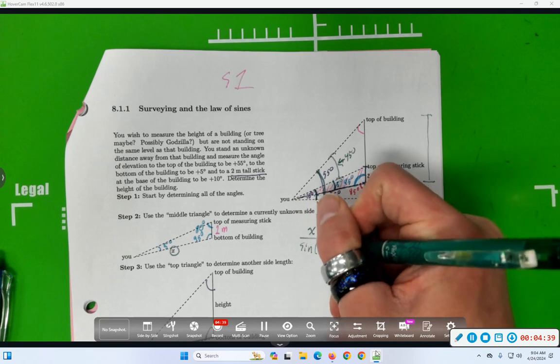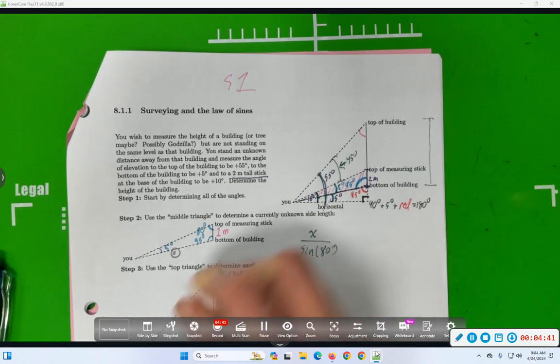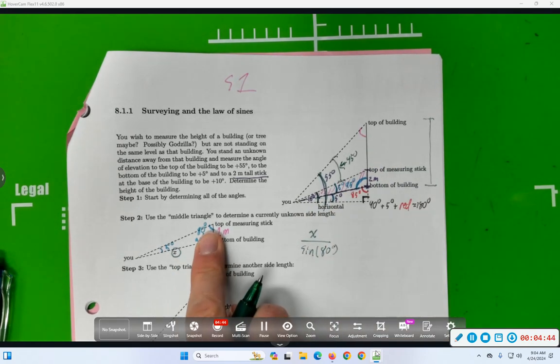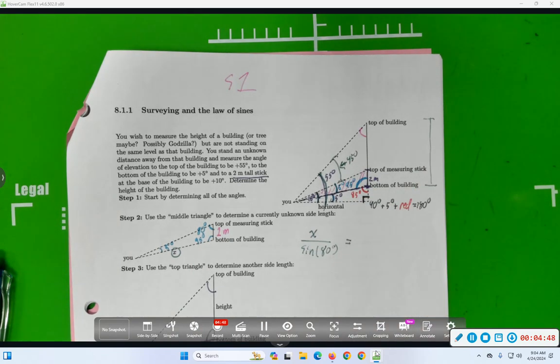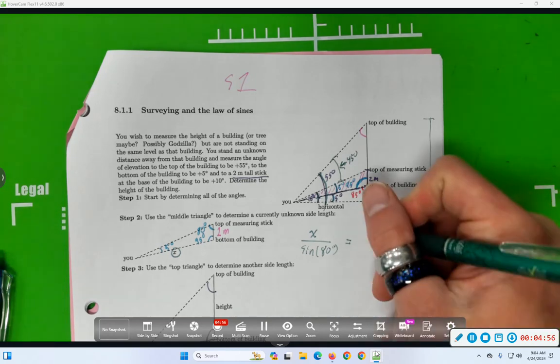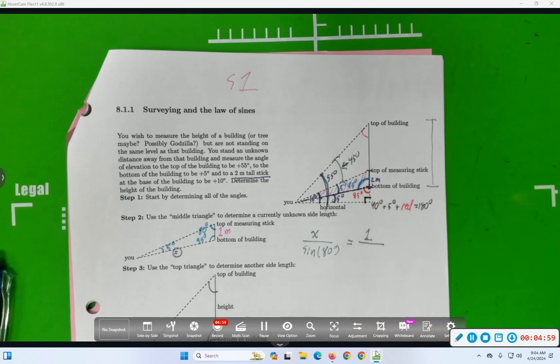Cool. Side length divided by the sine of the angle opposite equals. Now give me a side length you do know in this triangle. 2. And it's in meters, but we can just remember that it's in meters. And what is the angle opposite?